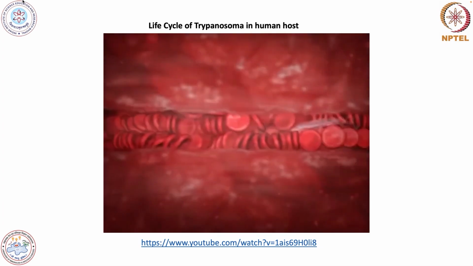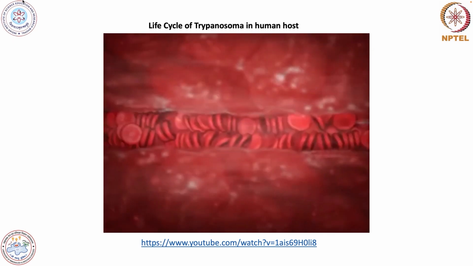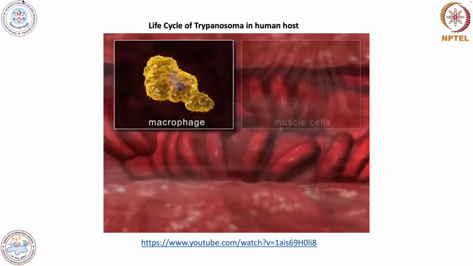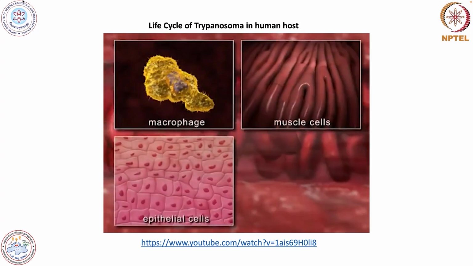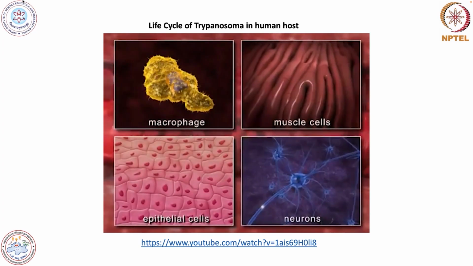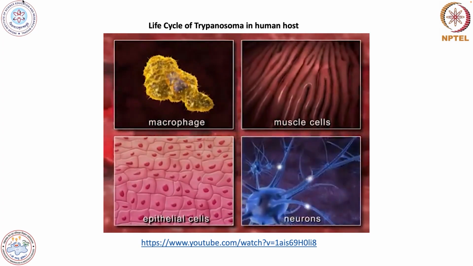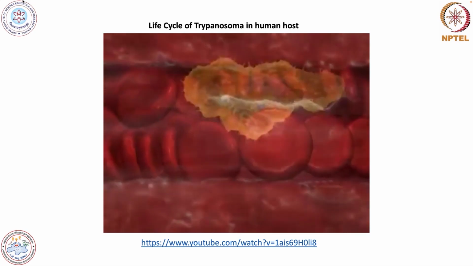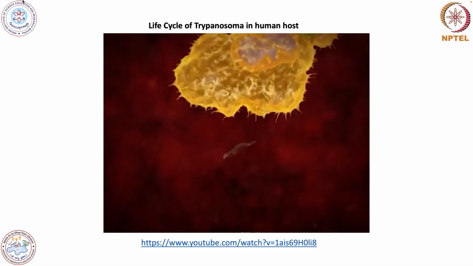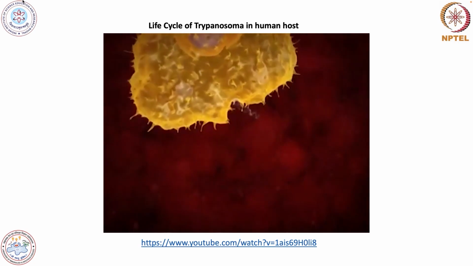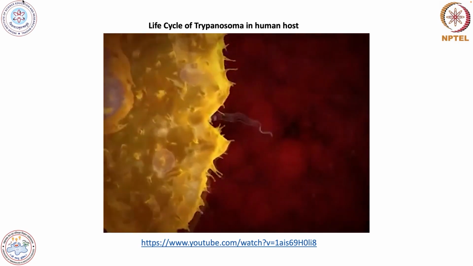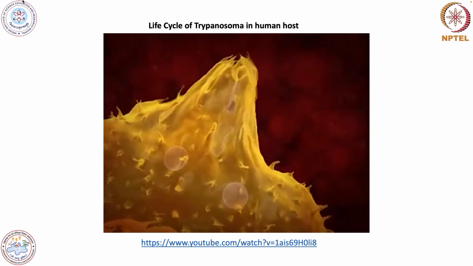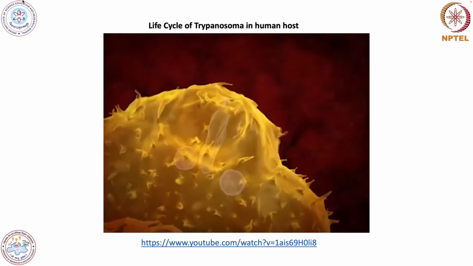The parasite reaches the mammalian bloodstream and subsequently invades different cell types that it encounters, such as macrophages, muscle cells, epithelial cells, and neurons. In this example, the attachment of the trypomastigote form of the parasite to the macrophage surface is observed. The process of internalization via phagocytosis begins with the formation of pseudopods.